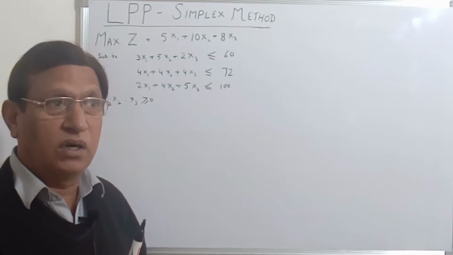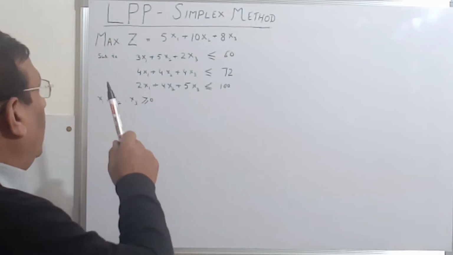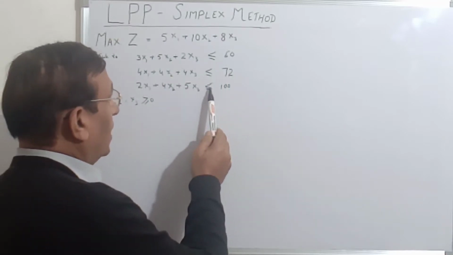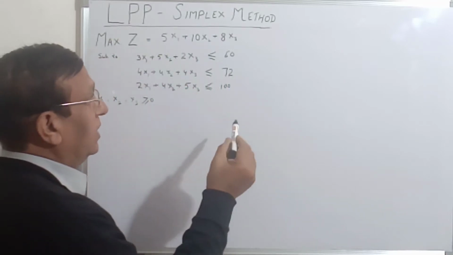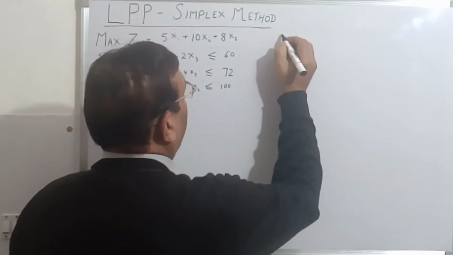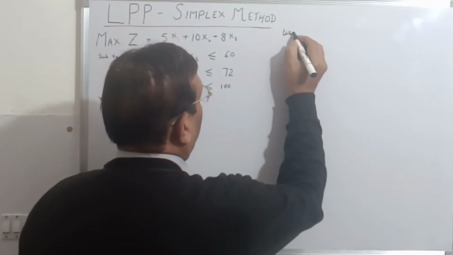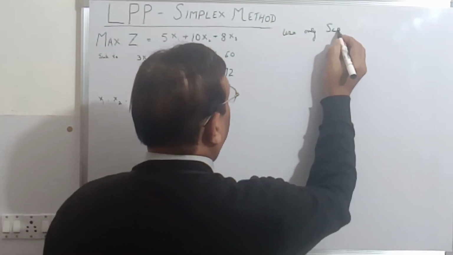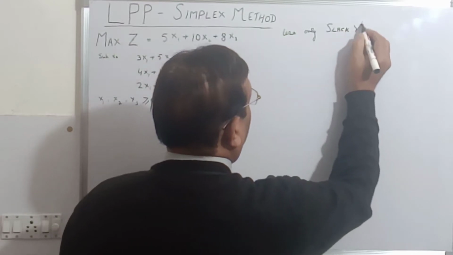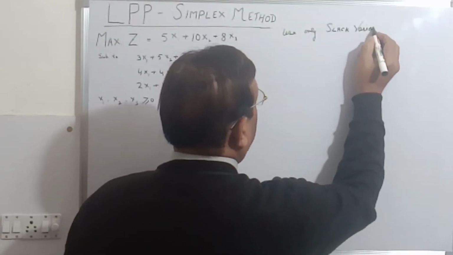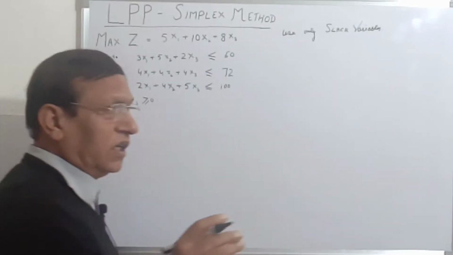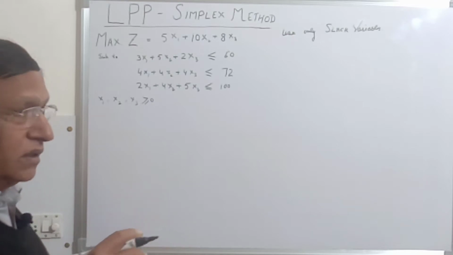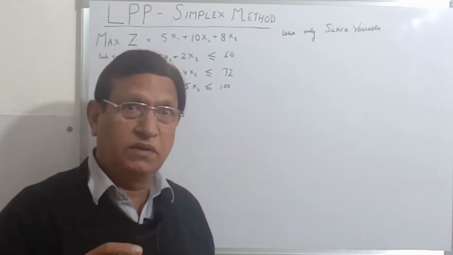So remember how to start. In a pure maximization problem, when all the constraints are less than or equal to type and that is to maximize, then we are to use only slack variables. You have to use only slack variables. Different types of variables we will be using: basic variable, slack variable, surplus variable, artificial variable.